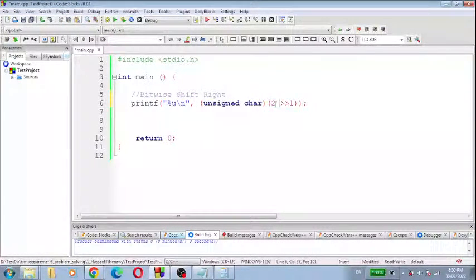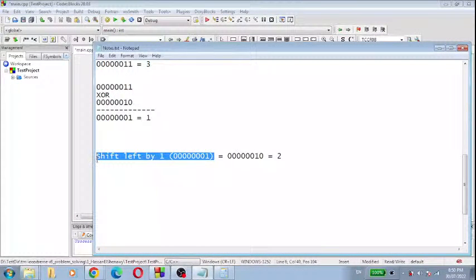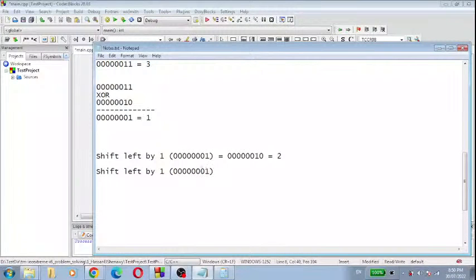This number 2 is going to be shifted to the right by only 1. So let's try this. Shift right by 1, we have 0 here, and that's it.